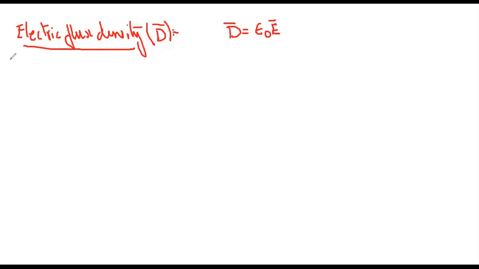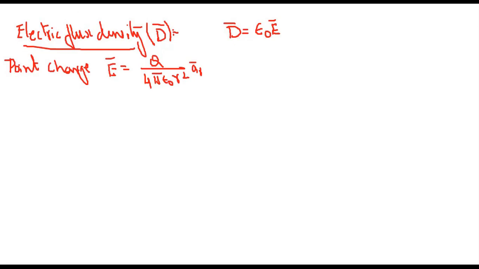For a point charge, the electric field intensity E bar is equal to Q by 4 pi epsilon naught R square into AR bar.